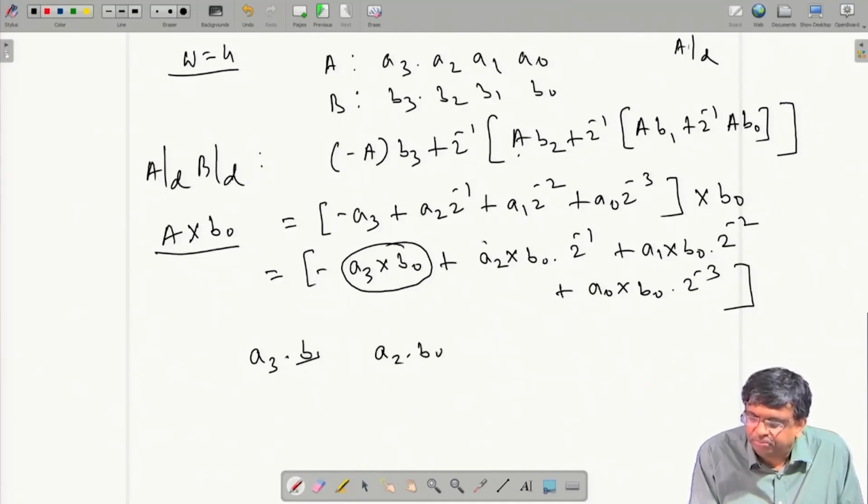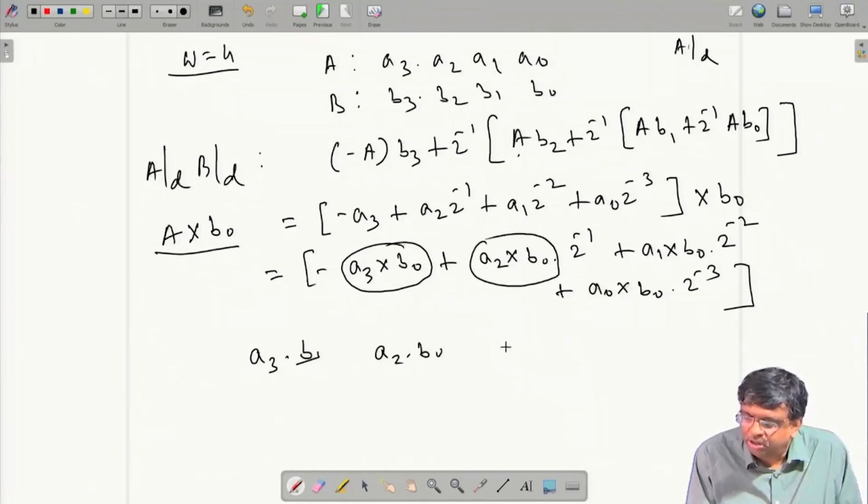I am just first writing them. Similarly, decimal A1 times decimal B0 product will be binary A1 dot binary B0, and then A0 cross B0 means binary A0 dot binary B0. And if I put them side by side, I get a 4-bit word.